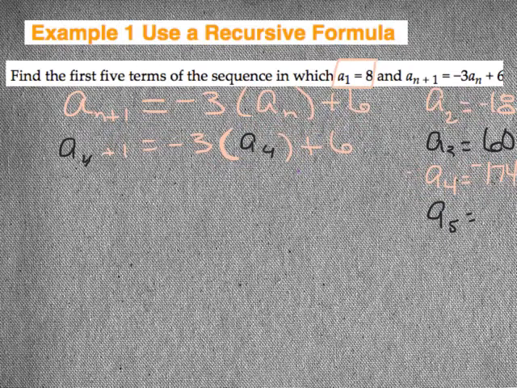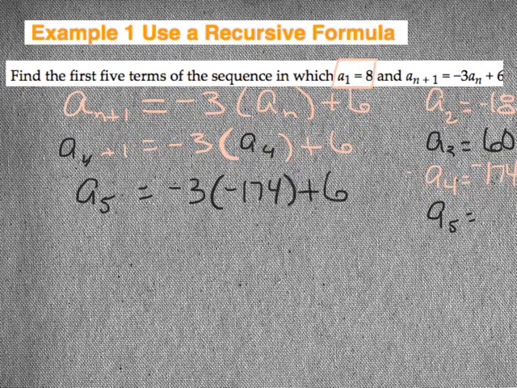So a sub 4 plus 1 is going to give me a sub 5, which is what I'm trying to find. -3 times a sub 4, which is -174, plus 6. When I do that math, that's going to give me 528 as my fifth term. So those are my first 5 terms, from a sub 1 to a sub 2, a sub 3, a sub 4, a sub 5. So using the previous number in my pattern to find the next number.